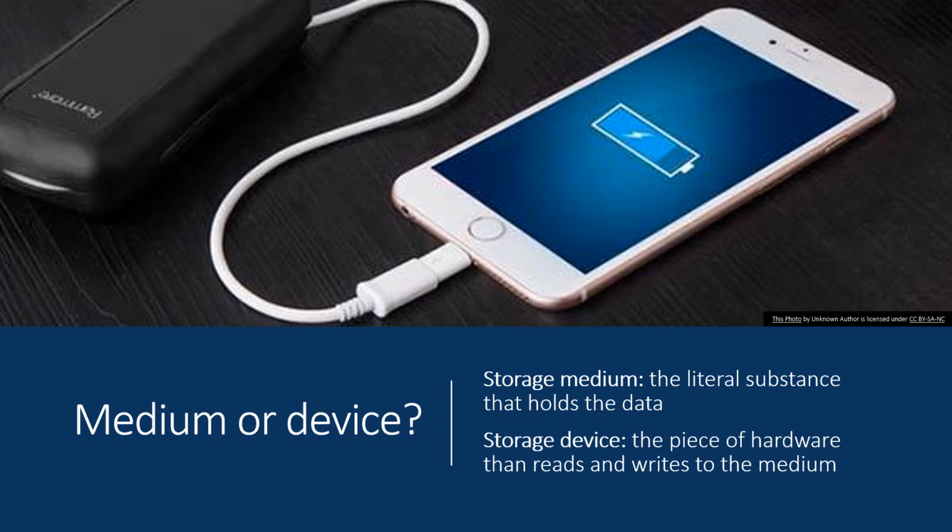The storage medium is whatever substance literally holds the data, and the storage device is the piece of hardware that lets us read and write to that storage medium. Sometimes they're brought together into one object, but that's the meaning of those two terms.